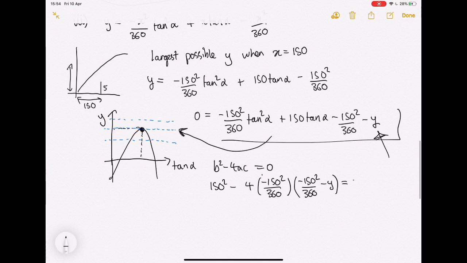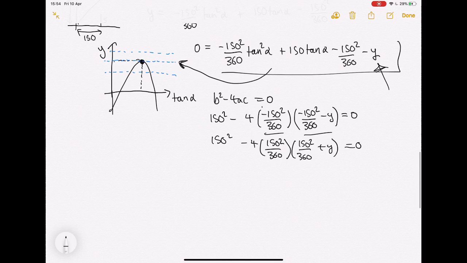So we can solve that for y. Well, we get 150 squared. If we take out a factor of minus 1 from each of these two brackets, we can see that with 3 negatives being multiplied, this is minus 4 lots of 150 squared over 360 times 150 squared over 360 plus y.